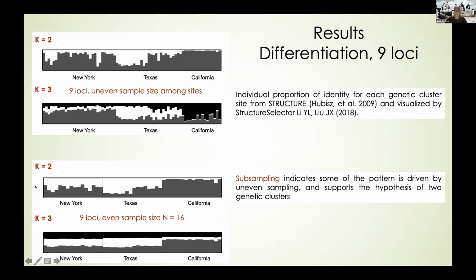And this also tells us that the pattern above is likely due to the uneven sampling size. And then we can draw this back to our FST values we saw in the previous slide, showing that New York and Texas had very little differentiation, while California had a greater, distinct population differentiation when compared to New York and Texas.